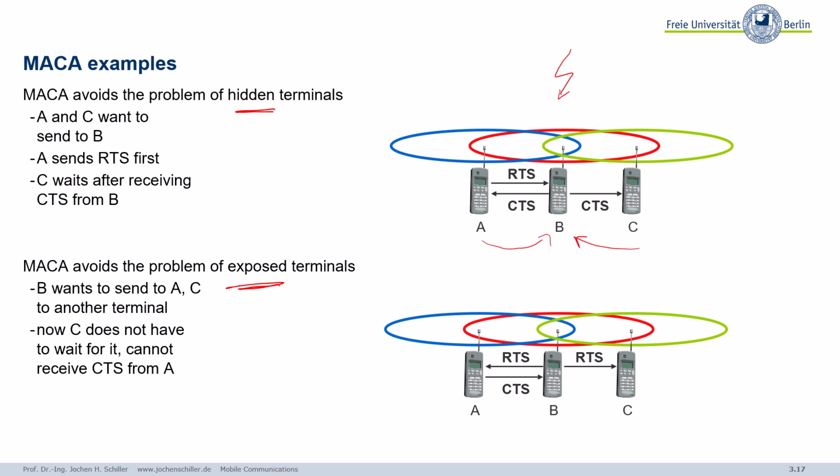Now with MACA, same setting. Both A and C want to send something to B. But now we send, first of all, short packets. What happens if both send the short packets at the same time? Collision. Okay.